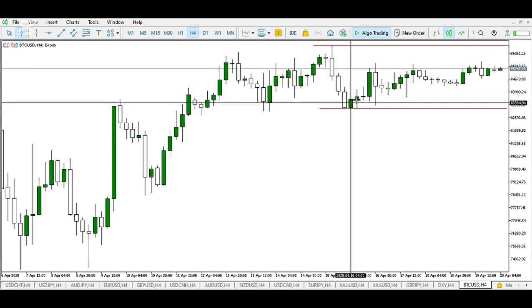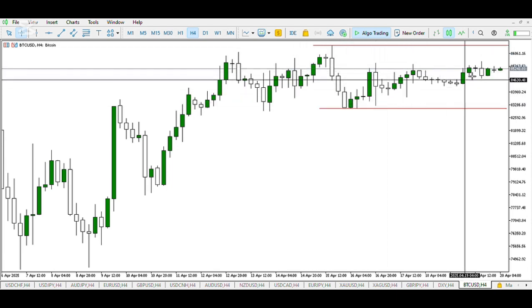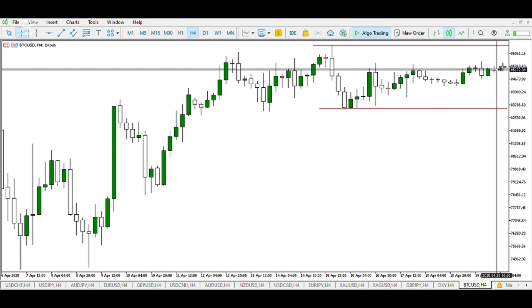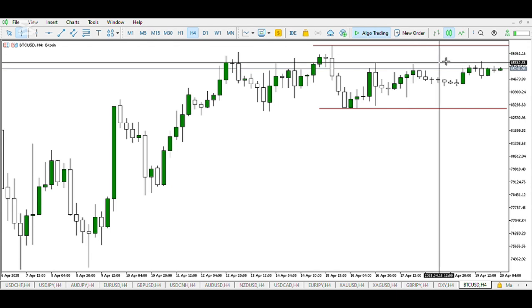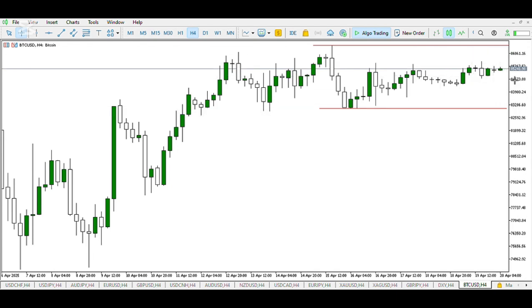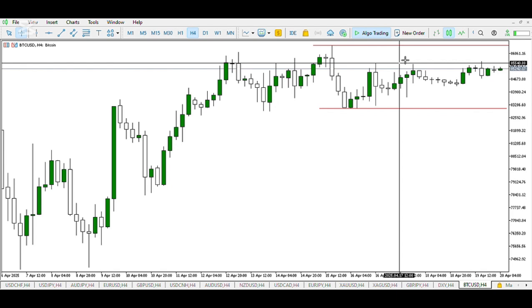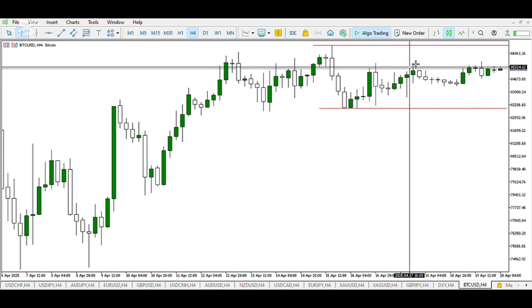You can see price selling down, so we can expect price to consolidate and take out the high of last week for a formation for a further sell down. As you can see, price is drawing towards the high of the previous week.